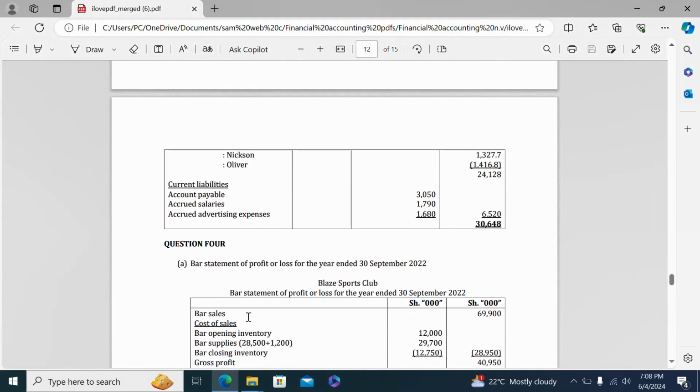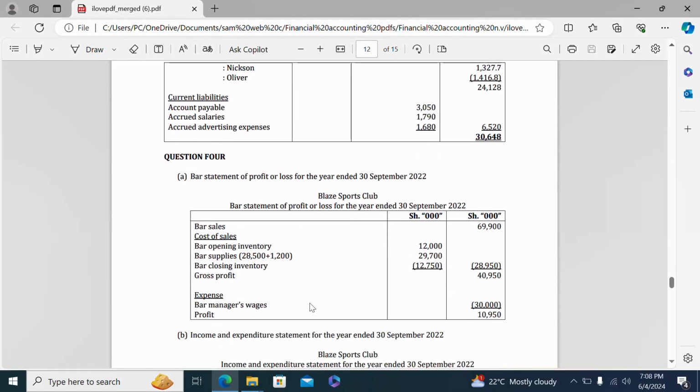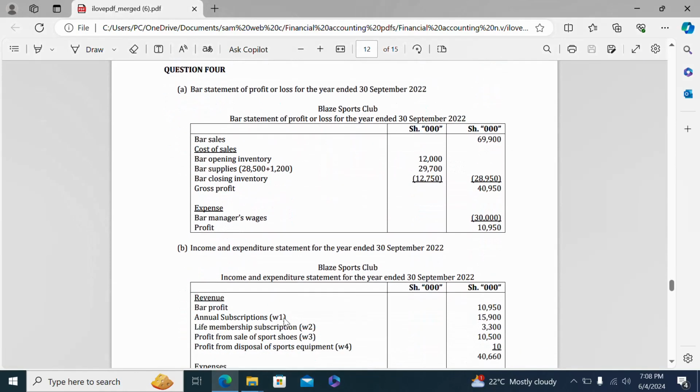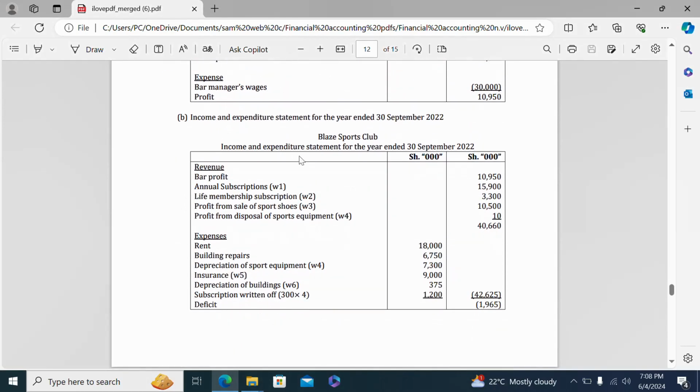Breeze Sport Club, we have the bar statement of profit or loss for the year ended September 2022. So this is the bar statement of profit or loss. And then income and expenditure statement for the year ended September 2022. So this now is the income and expenditure statement.